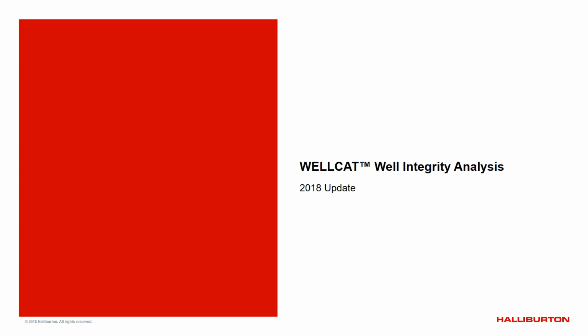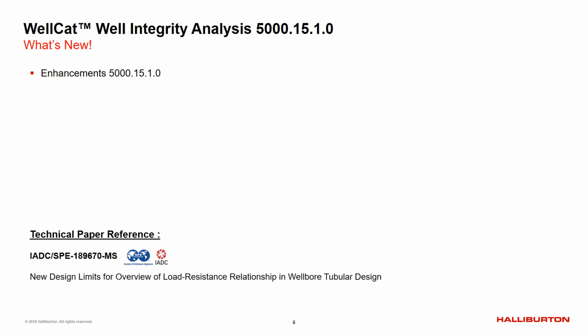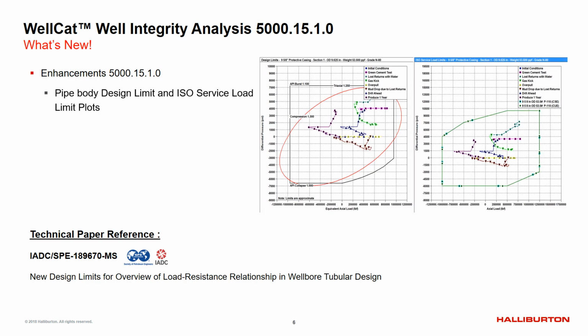So let's take a look at the Wellcat enhancements in more detail. For Wellcat version 5015.1, we have implemented separate representation of the pipe body design limit and the ISO service load limits plots.